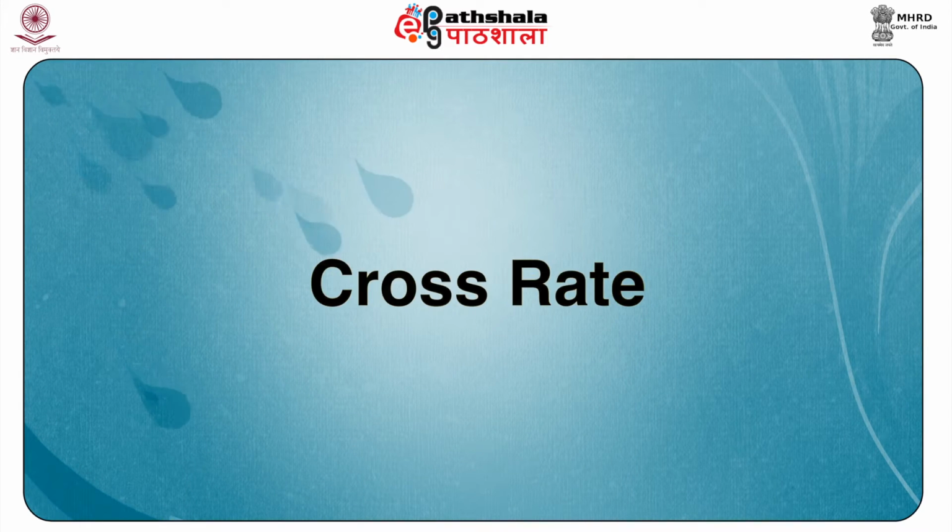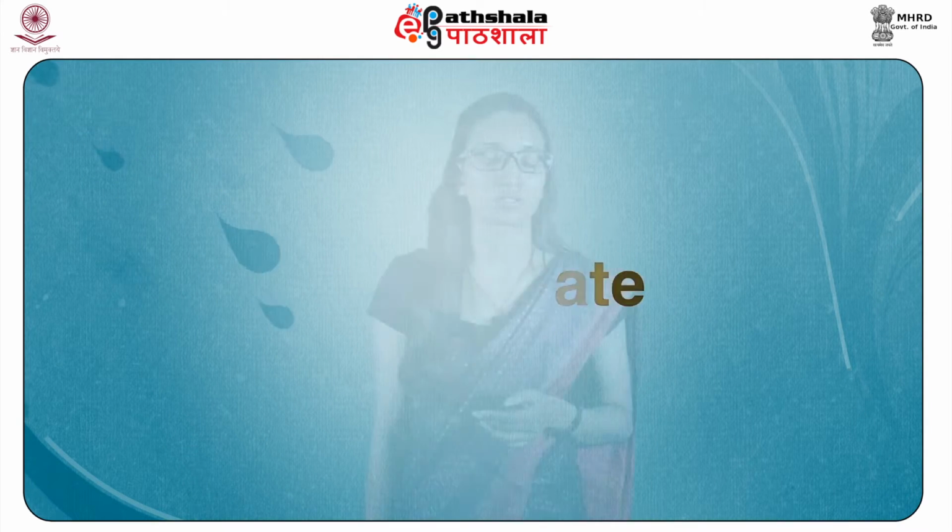Now, let's learn about cross rate. There are thousands of pairs of exchange rates with more than 200 currencies in the world, but one is not required to know all these pairs of exchange rates when there is a parity in the exchange rate.